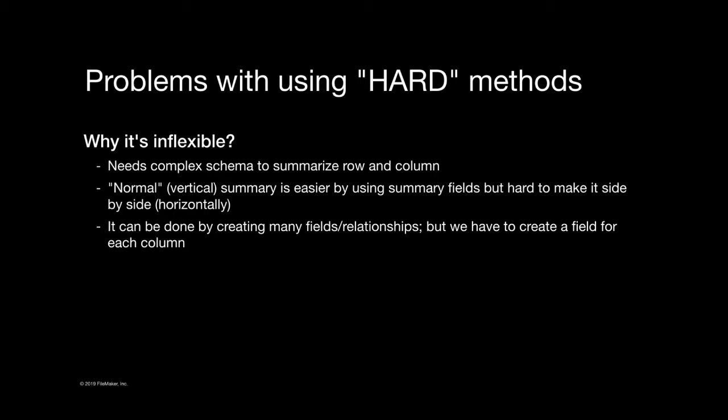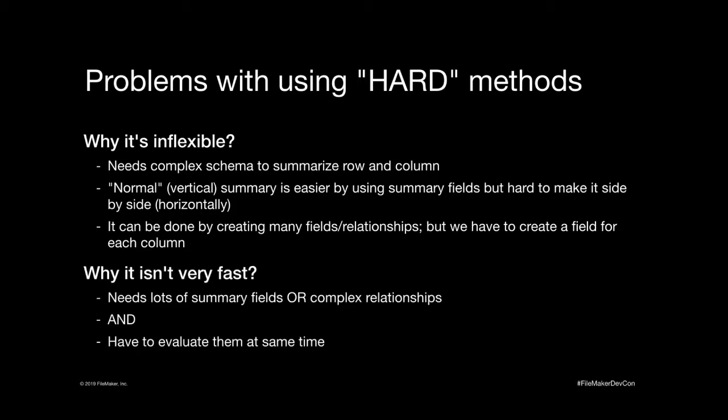Seeing summaries vertically is easy on FileMaker, but putting summaries horizontally is much more difficult. It needs many fields or many relationships, and it tends to be hard-coded.